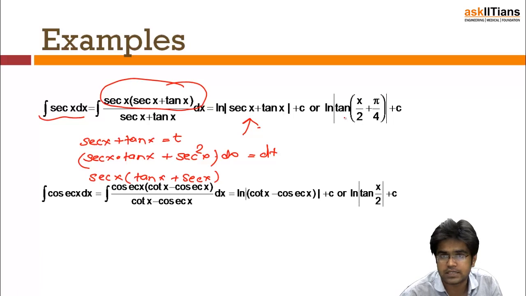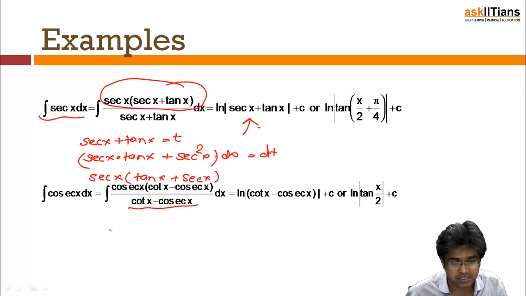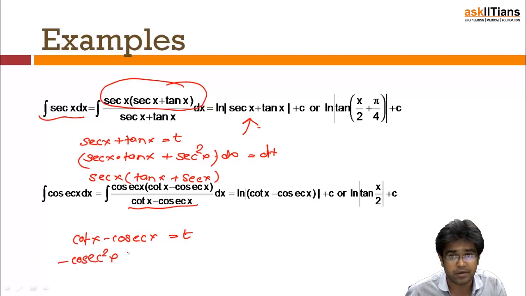The next part goes the same way: cosec x I have multiplied with cot x minus cosec x, and I am going to substitute this thing as t. So if cot x minus cosec x is t, then what is d by dx of cot x? d by dx of cot x is minus cosec square x. What is d by dx of cosec x? Minus cosec x multiplied by cot x.